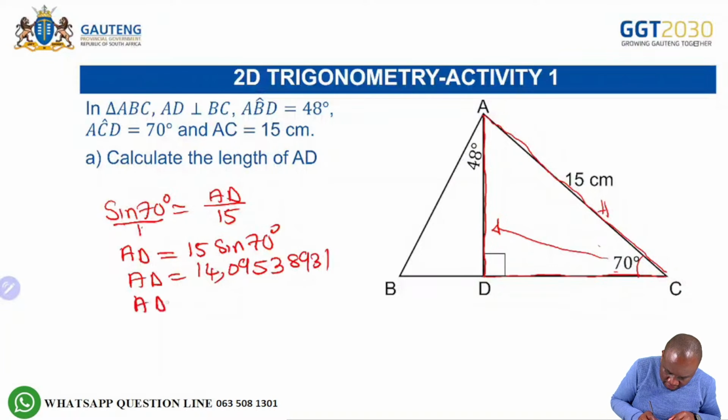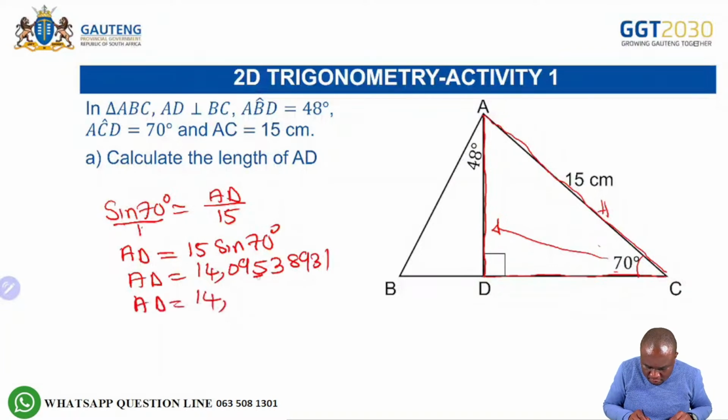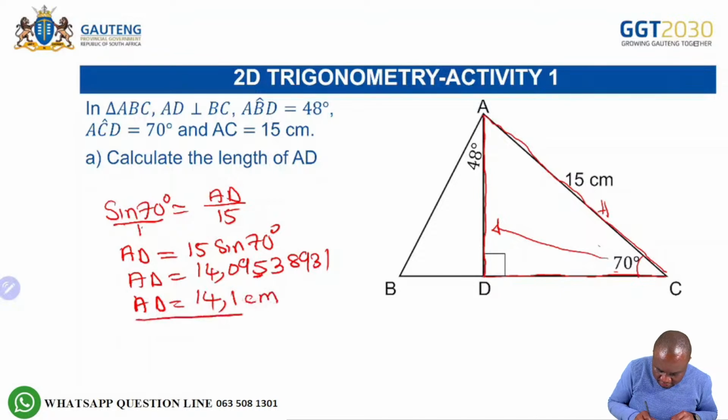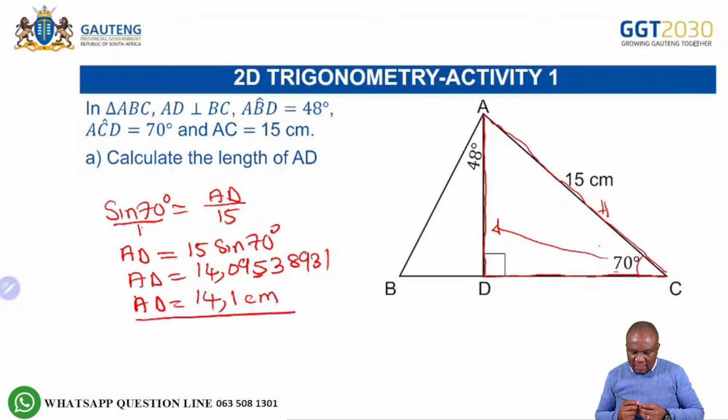So AD is going to be 14, then now because of this 5, this 9 will change and become a 10. So it becomes 14,1. So it means AD is 14,1 centimeters.